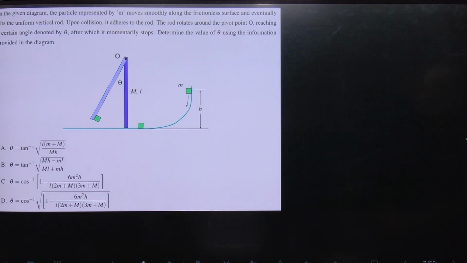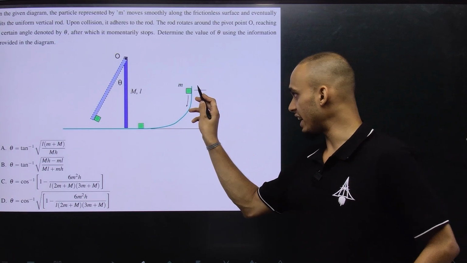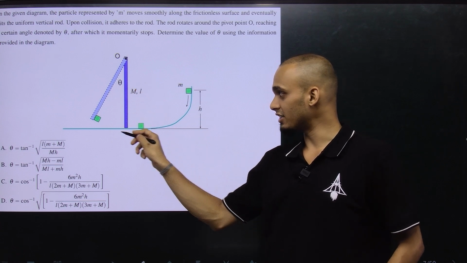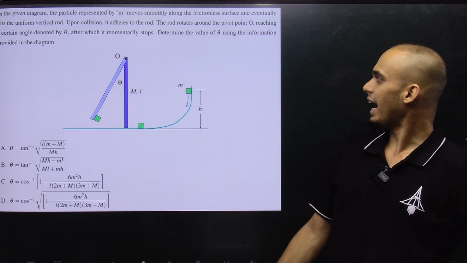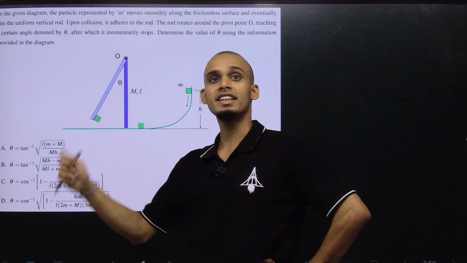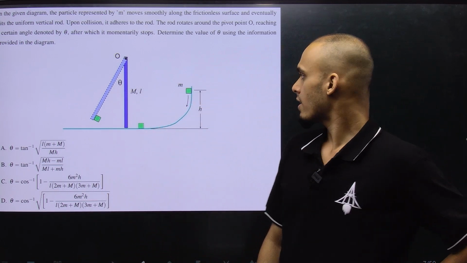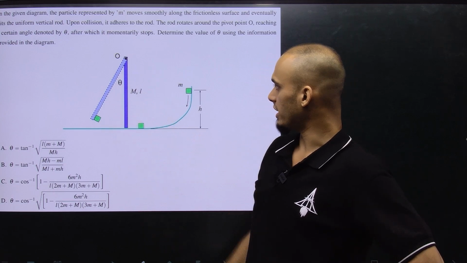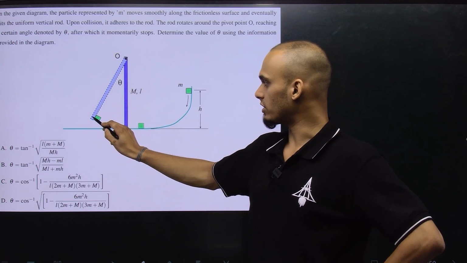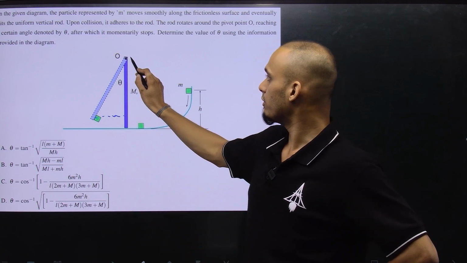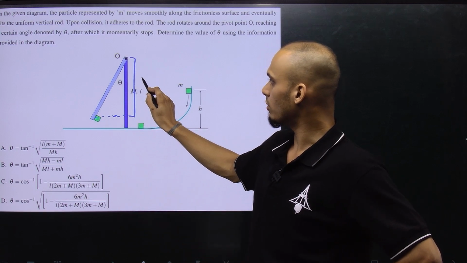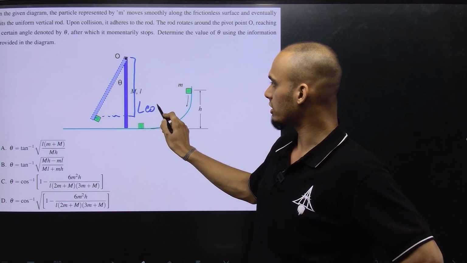Here we have a block of mass m sliding down the ramp and getting stuck to a rod of mass m and length l, and the system then rises by an angle theta, which we have to find. Now we know the length of the rod is l. If we draw a horizontal at the final position of the block, then this component is equal to l cos theta.